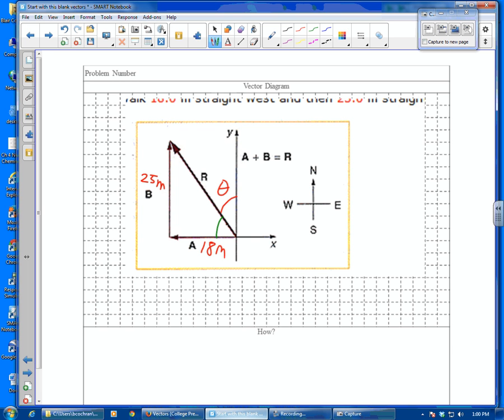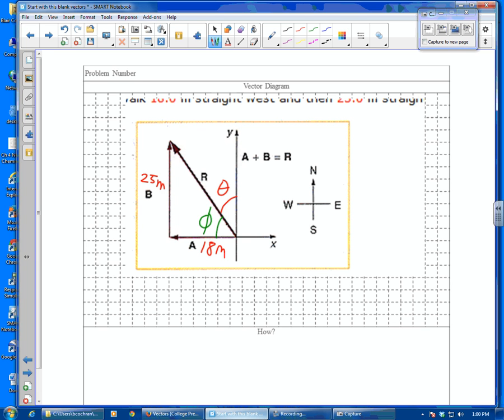So I could find this angle, which let's call it phi. And you're saying that those two would add up to 90. Yep, that's true. Is there any other angle that would be the same measurement as theta, but inside the triangle?